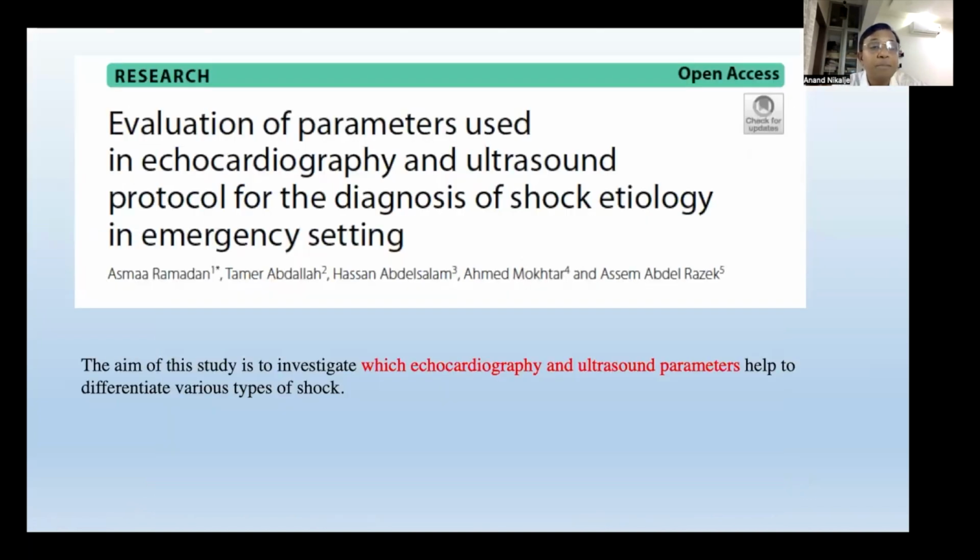Which parameters actually help us in diagnosing shock? This was studied in a paper evaluating parameters used in echocardiography and ultrasound protocols for diagnosis of shock etiology in the emergency setting. The aim was to investigate which echocardiography and ultrasound parameters really help to differentiate the various types of shock.